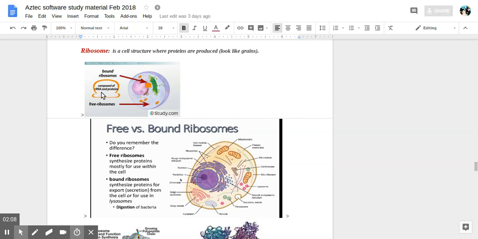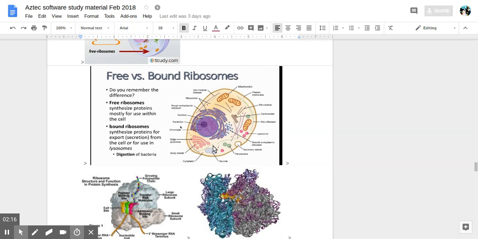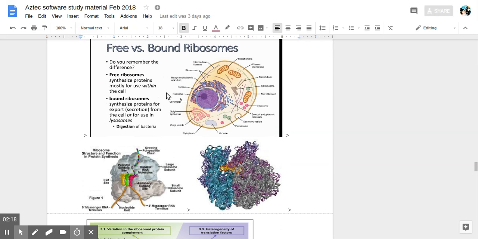Ribosomes are composed of rRNA and proteins, ribosomal RNA and proteins. So this is the cell, once again, showing the nucleus. The nucleolus is inside the nucleus, and it is the part which is responsible for making rRNA, the ribosomal subunits.